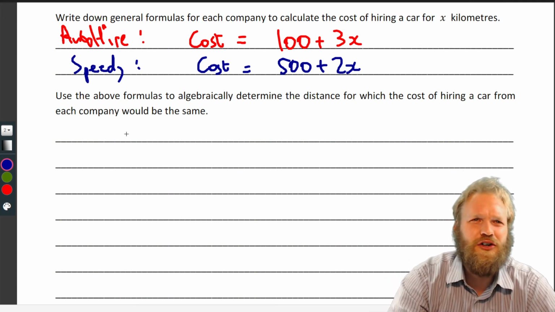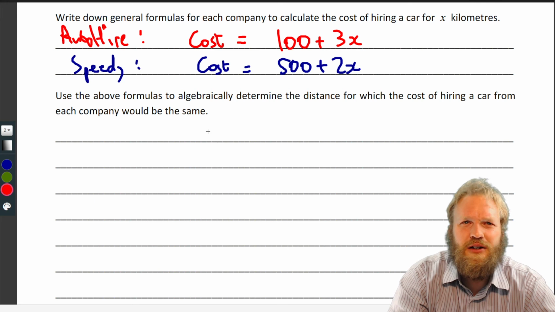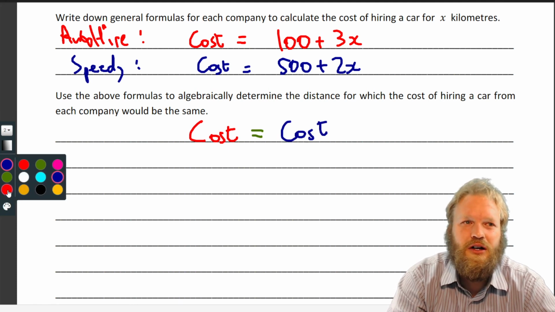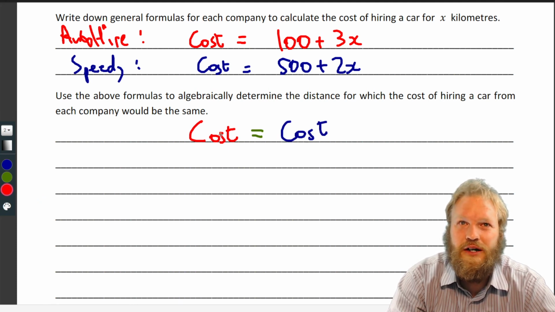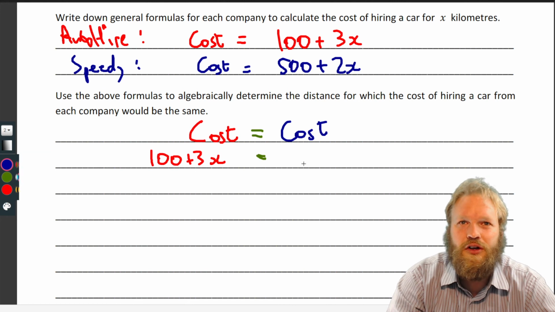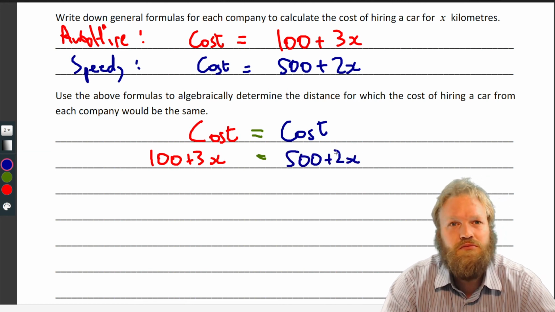Well, let's have a look here. Basically, we want to know, when is the cost of the one equal to the cost of the other? When is the cost of the one, Auto Hire, which was 100 plus 3x, equal to the cost of the other, 500 plus 2x? Look at that.